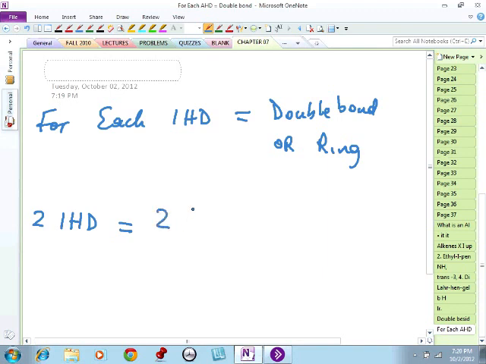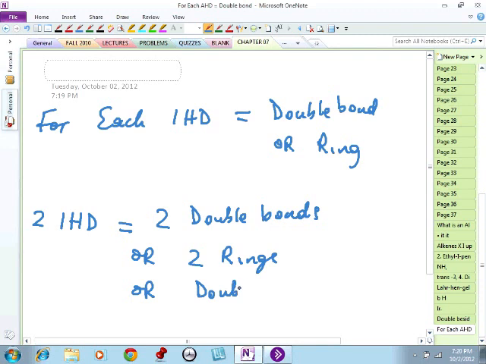Two double bonds, or two rings, or one double bond and a ring, or a triple bond.